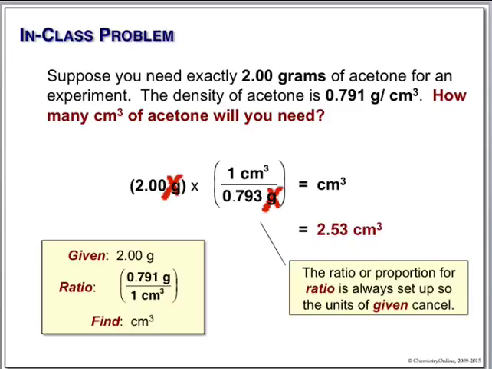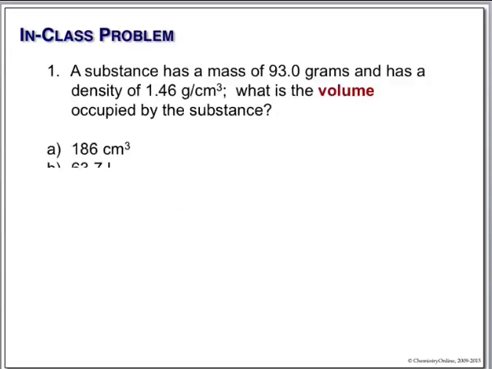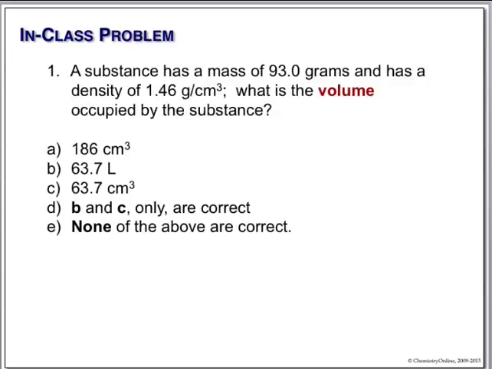Some of these that we'll do are probably a little bit advanced for Chemistry 100, but they give you an idea of what it's going to look like. Go ahead and look at this. Think to yourself how you would solve it, and then we'll step through it.